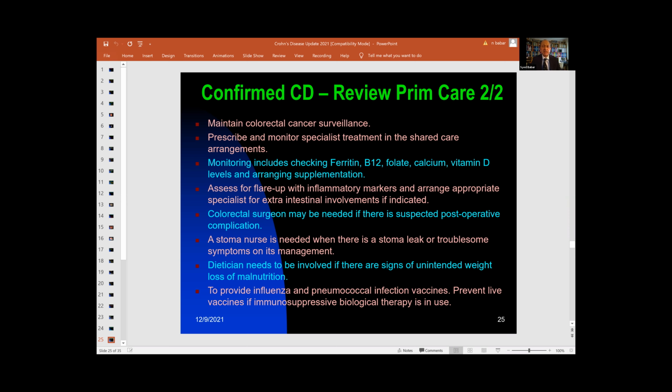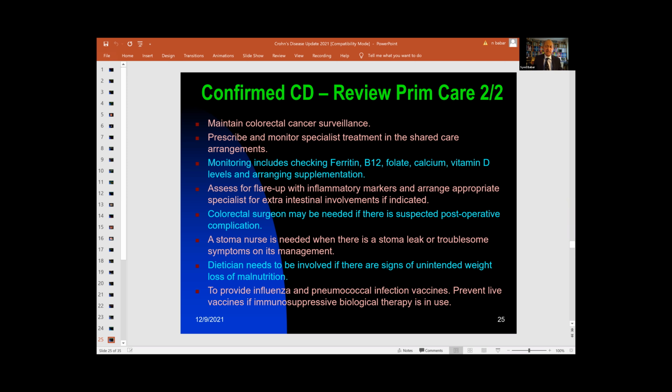The treatment is often begun in the secondary care, and in the primary care, the treatment and its monitoring are maintained. And the monitoring would involve levels of iron, B12, folate, calcium, vitamin D, and of course, supplementation of deficiencies.